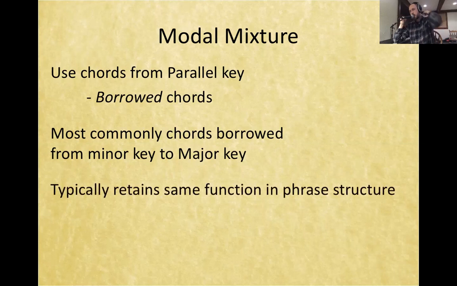Now, the way that makes this very different from the function-oriented chromaticisms that we've looked at, like secondary dominants or modulations, is that the new chord, the funky chord, is going to retain the same function in the phrase structure. So when we did secondary dominants, we talked a lot about how that may look like it should be a 2 chord, but actually it's a 5 of 5.